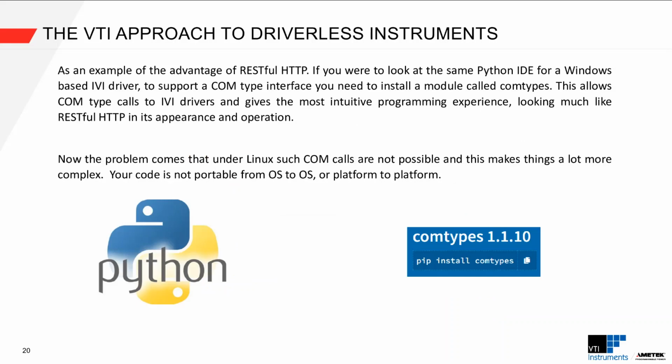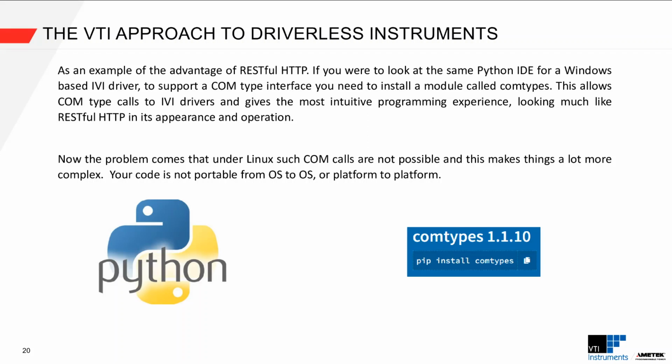As an example of the advantages of why you would want RESTful HTTP driverless control, if you were to do the same control in Python for Windows, and let's say you are using an LXI-based instrument and you've imported the IVI driver, so any programming application that you can import or call a DLL file, then you can control an LXI-based instrument.